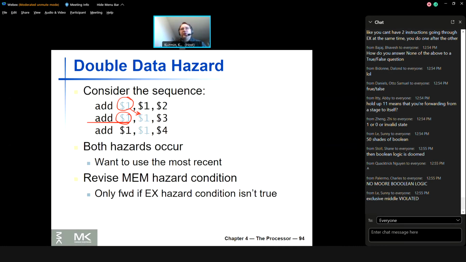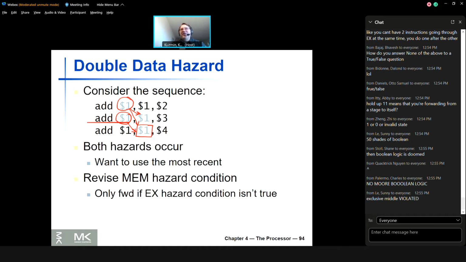And now this poor third instruction is all confused because there are 2 options. It can attempt to forward from here, or it can attempt to forward from here. So both hazards occur, and this poor third instruction cannot decide which value would be the correct value to forward.